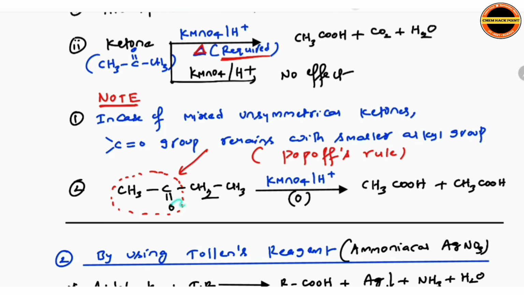The smaller alkyl group is methyl, the larger is ethyl. So you need to show the CO group along with the smaller alkyl group, with KMnO₄ and H plus.